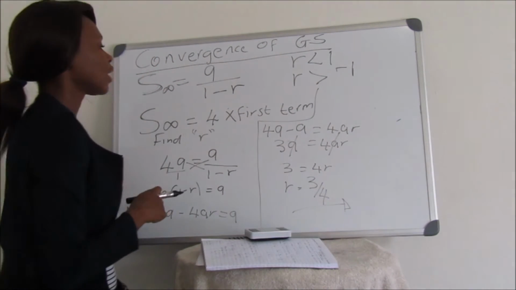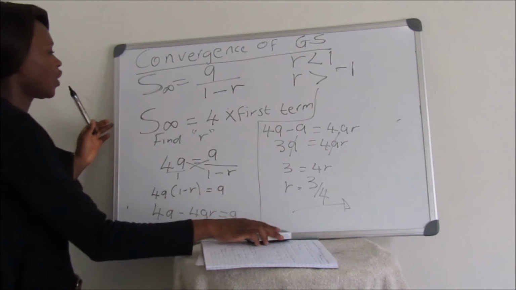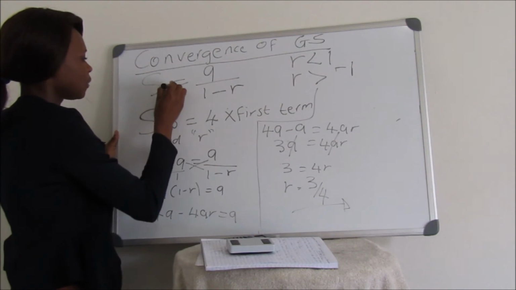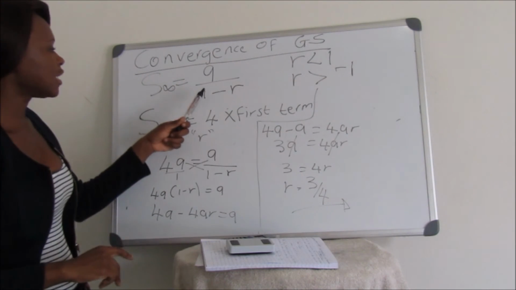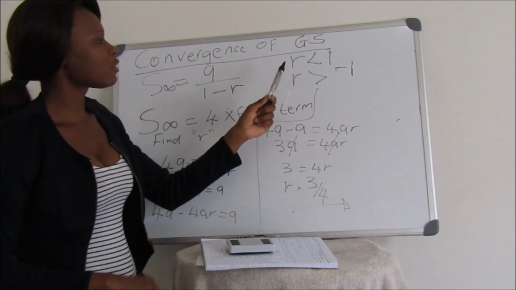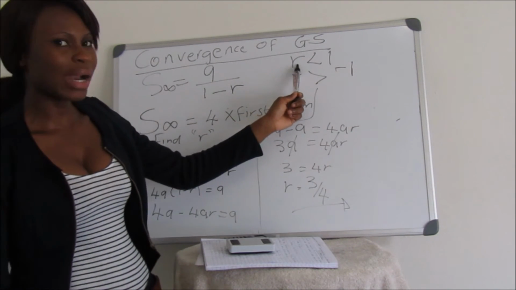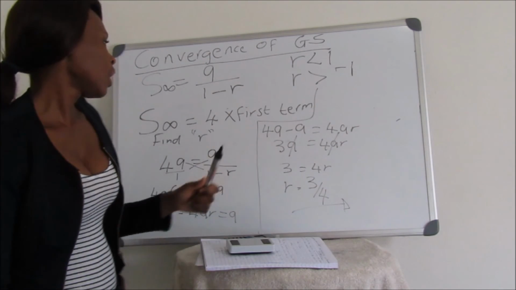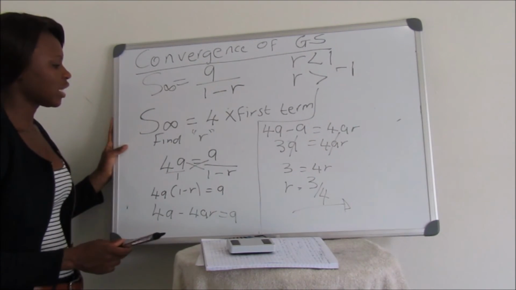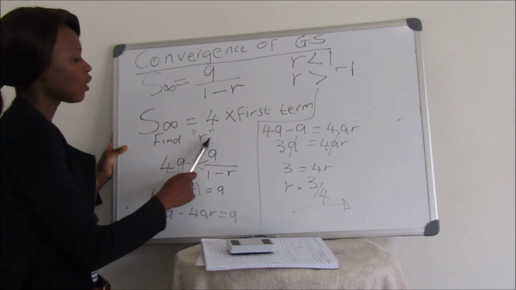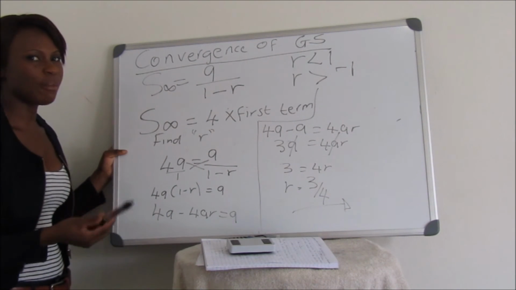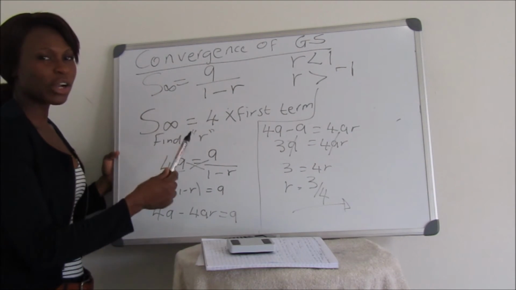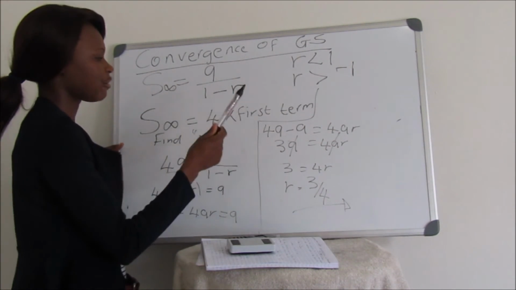A quick recap on the question. Our standard equation for the sum of infinity is A divided by 1 minus R, where the condition is that our R should always be less than 1 and greater than -1. The question says we must find the common ratio, and the only information that we have is that the sum of the sequence is 4 times the value of the first term.